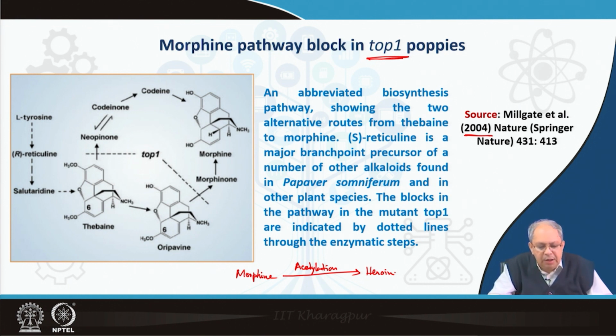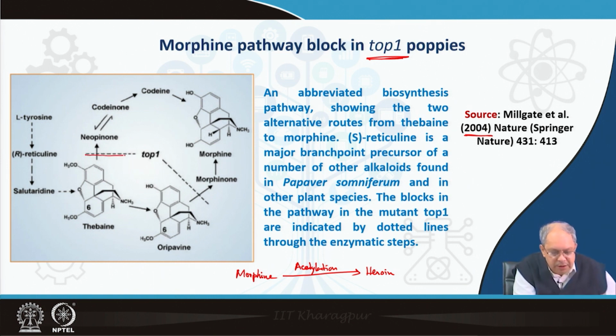The other objective is basically to try to accumulate some of the intermediates of the morphine pathway in higher amounts if morphine is blocked, because those are also used for different products including thebaine. So, the top1 mutant was discovered, and what they found in the top1 mutant is that there is a blockage here.